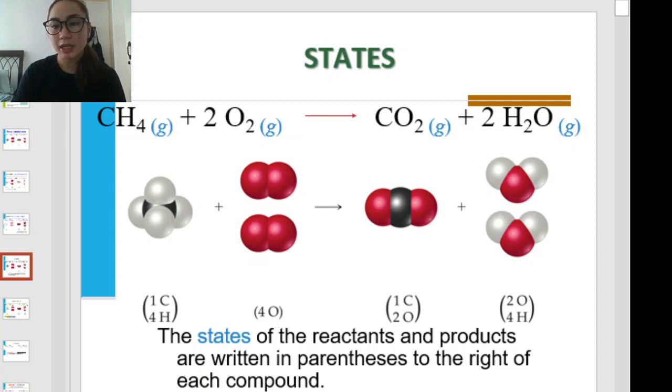So when you see something written at the right side of each compound, that is the state of the given compound. For example, if this is letter L, it means it is in the liquid state. In our case, we have a gas state here, no? We have 3 states, right? We have the solid, liquid, and gas. So when you see that, it means it is in the gas state.